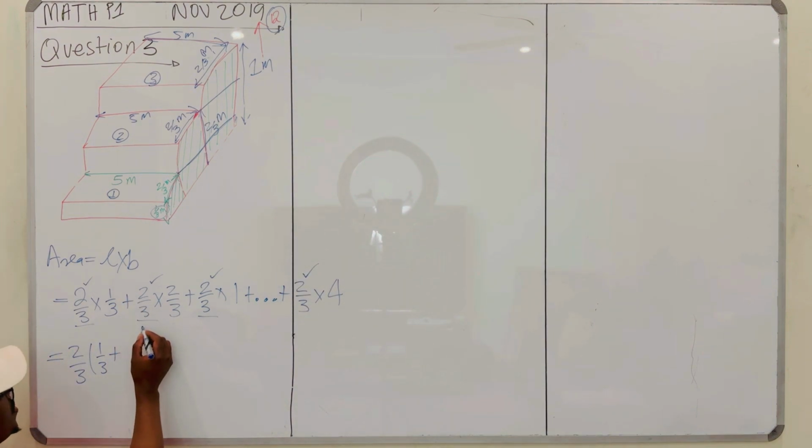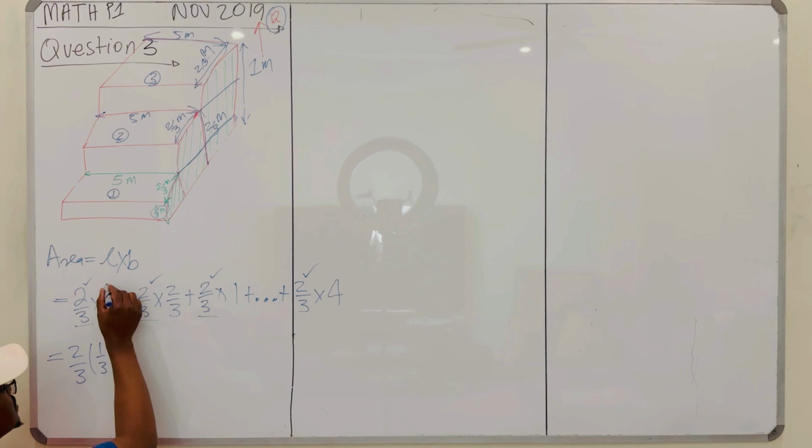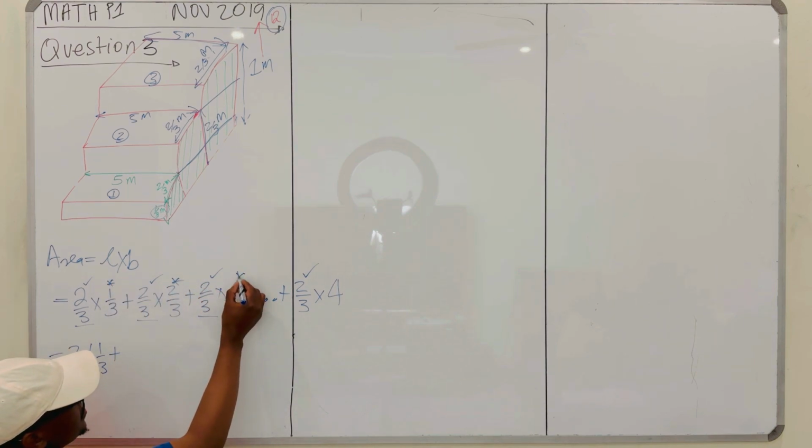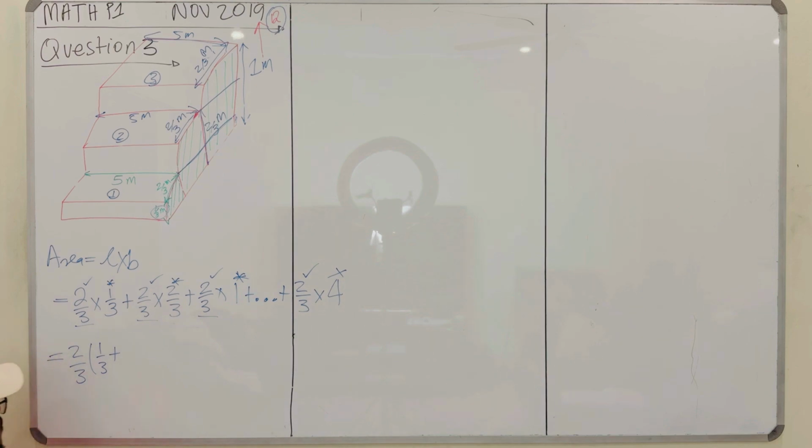You're left with this, this, this, and everything in between, and left with that. So, plus 2 over 3 plus 1 plus dot dot dot plus 4. That's what you are left with.